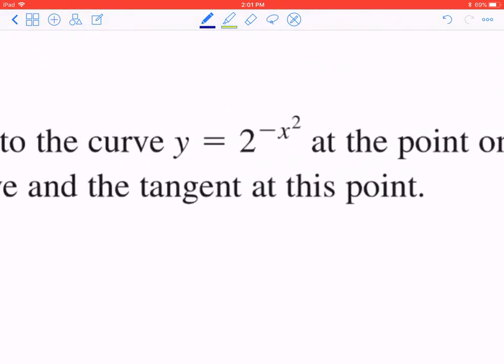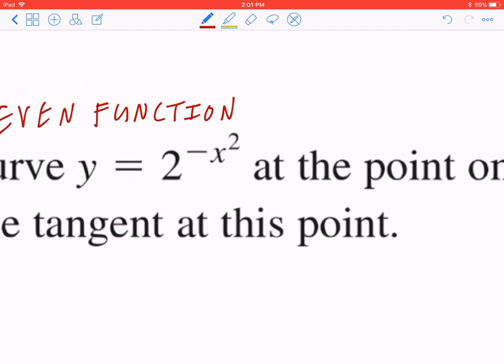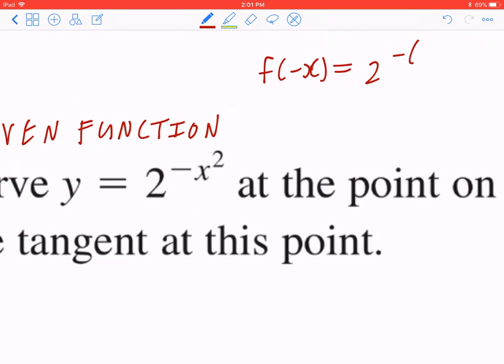If we really look at the function y equals 2 to the power of negative x squared, by inspection, you can tell this is going to be an even function. In case you want to verify this, you could plug in negative x and show that this is 2 to the power of negative (negative x) squared, which ultimately is 2 to the power of negative x squared, which is the same as f of x.